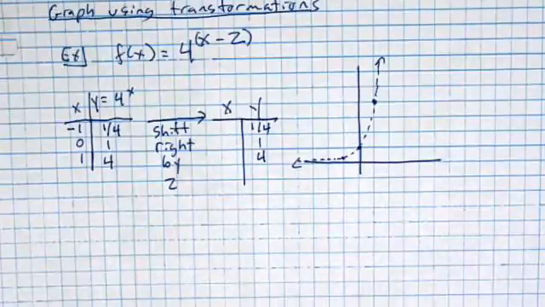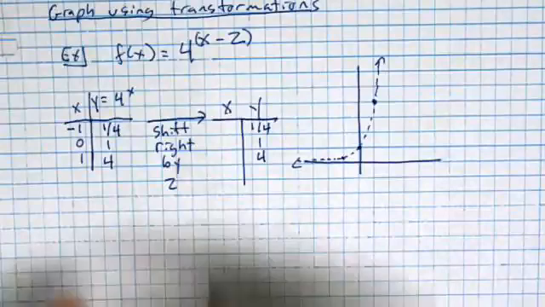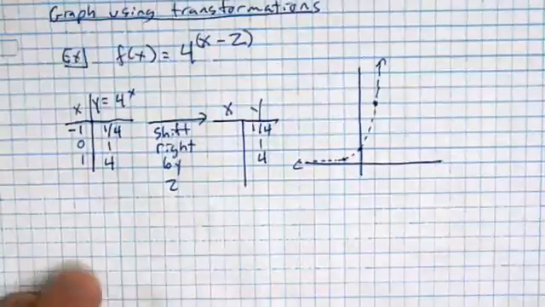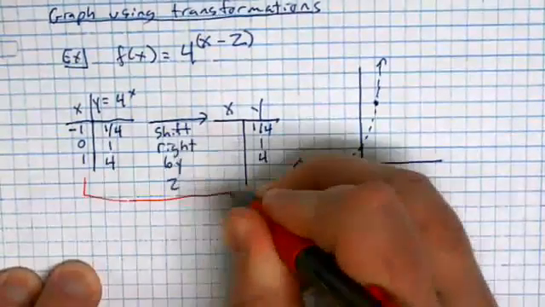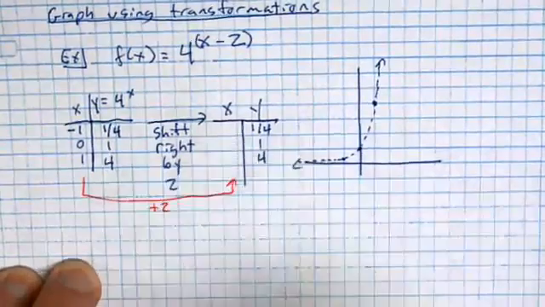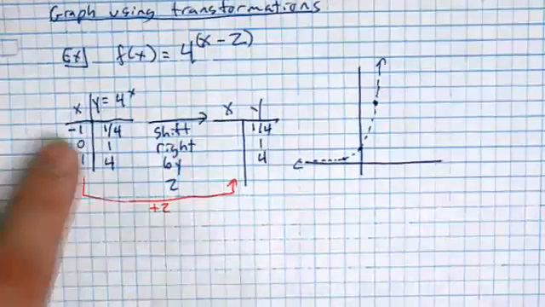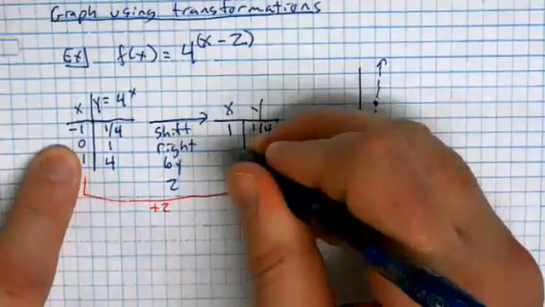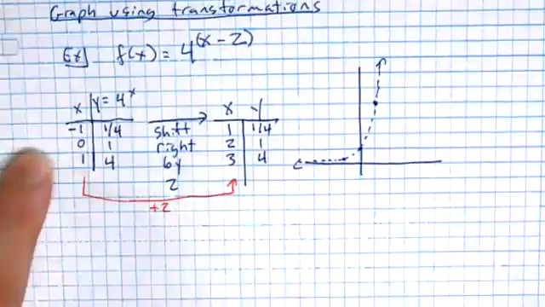What's going to happen to my x's? If I'm shifting something to the right by 2, then my x coordinates are going to grow, aren't they? Are they going to get bigger if I'm moving to the right? Bigger by 2. So I'm just going to do basically plus 2 to each of my x coordinates. So negative 1 is going to become positive 1, 0 is going to become 2, 1 is going to become 3.